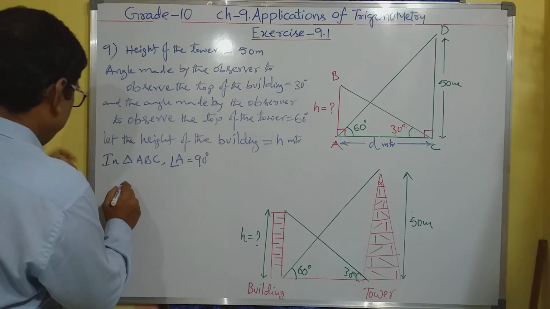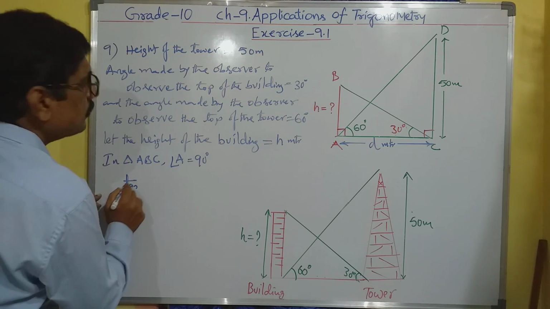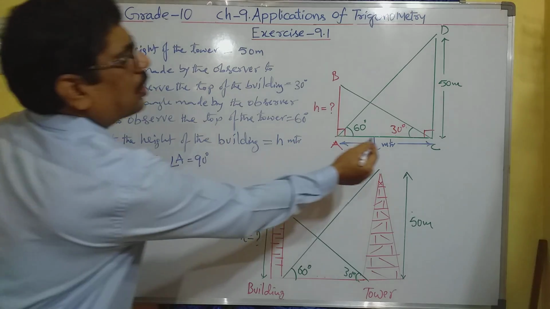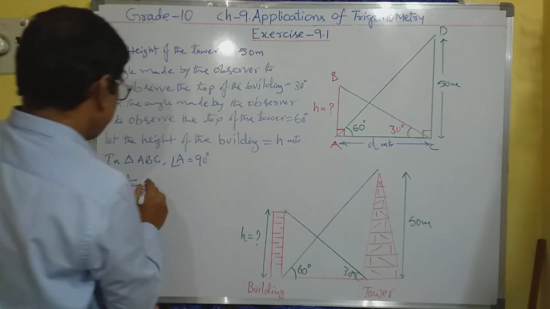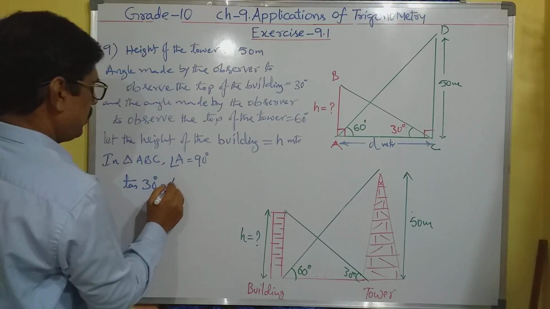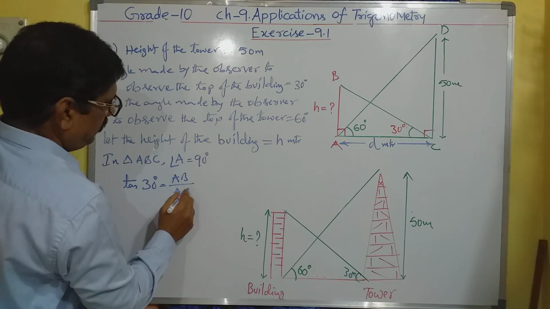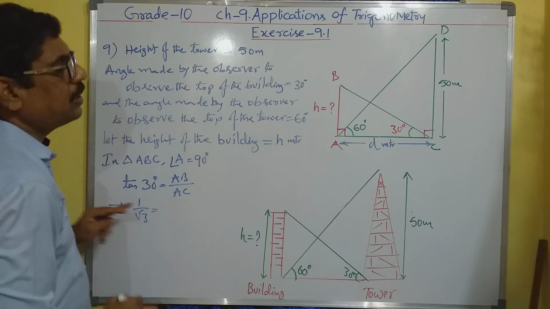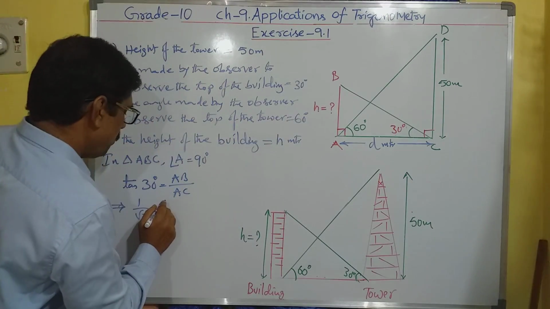Now tan, what is the tan angle? In the small triangle ABC, tan 30 degrees. Opposite side is AB by adjacent side is AC. What is tan 30? 1 by root 3. And opposite side H we don't know.